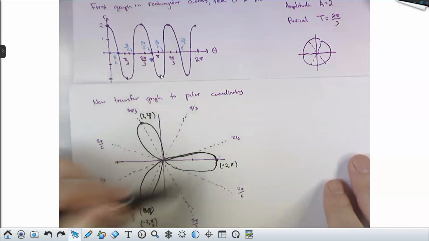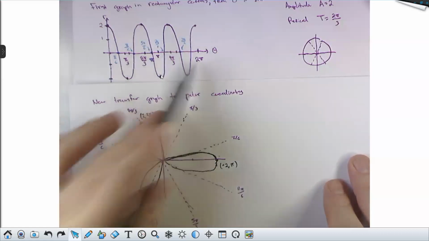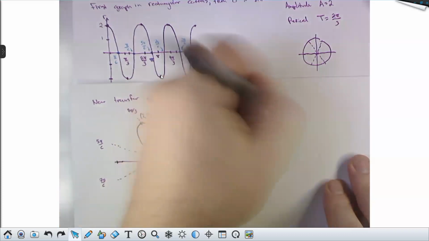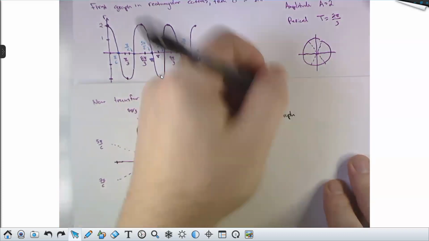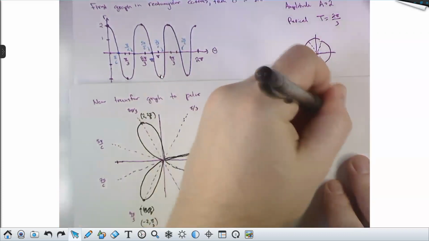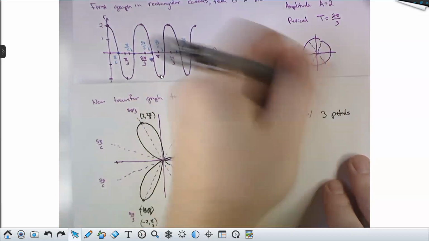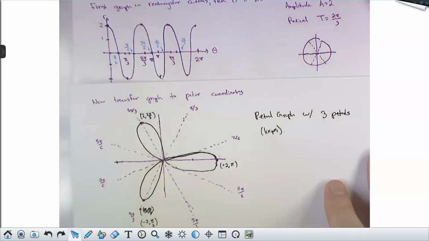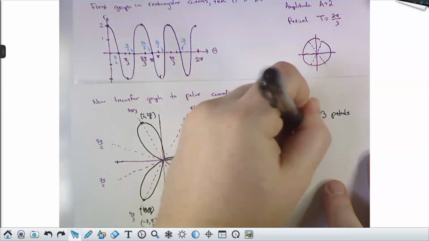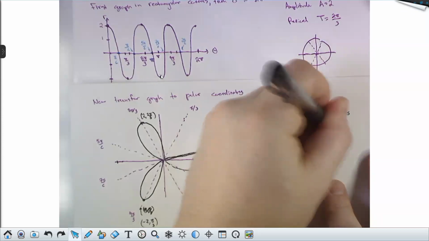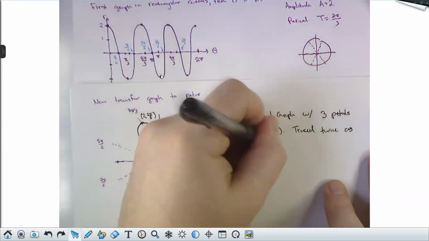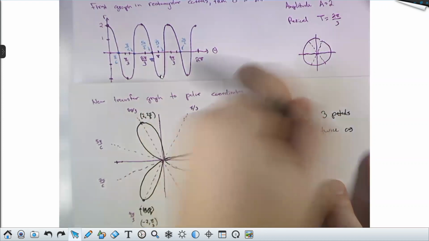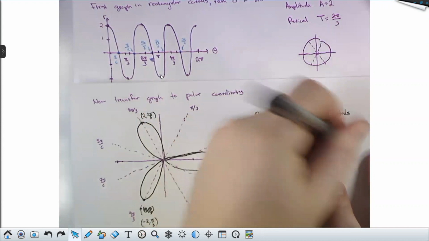So we're going to trace this whole curve twice as theta goes from 0 to 2 pi. This curve is called a petal graph with 3 petals or loops, and it is traced twice as theta goes from 0 to 2 pi.